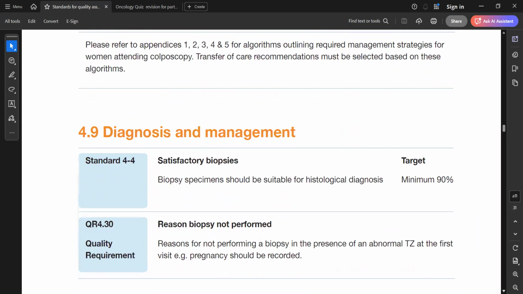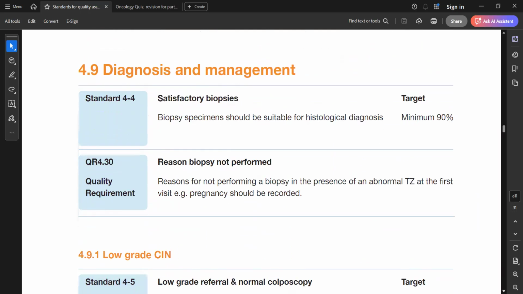So, what is the step that's going to make me sure that this woman has a real problem? Colposcopy. Colposcopy is a very close look at the cervix, and we are going to use some additional techniques to see if there are any changes in the structure of the cells of the cervix.